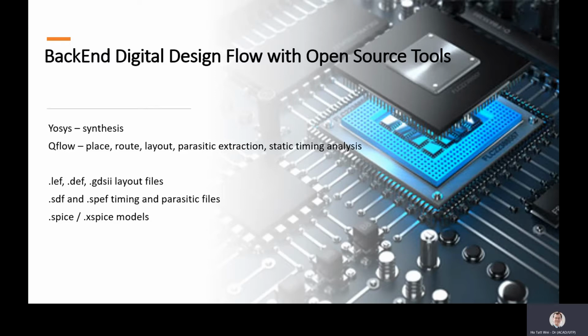So these sets of files are important and interesting because they are a kind of de facto format files that are generated not just from these open source tools, but also you will be able to find equivalent or similar file formats from commercial tools such as the Cadence suite of software.